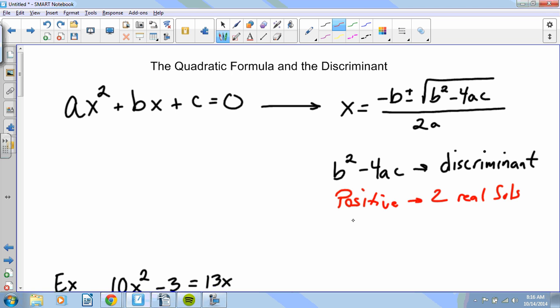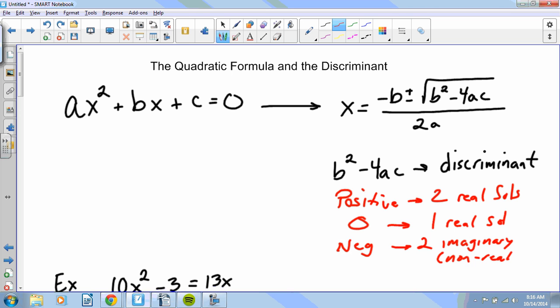If the discriminant is 0, there will be 1 real solution. If the discriminant is negative, there will be 2 imaginary or non-real solutions.